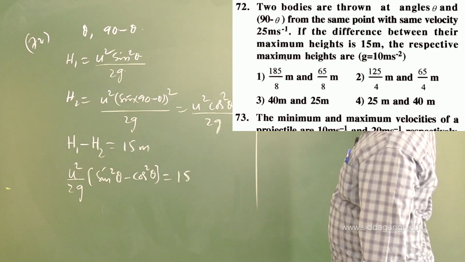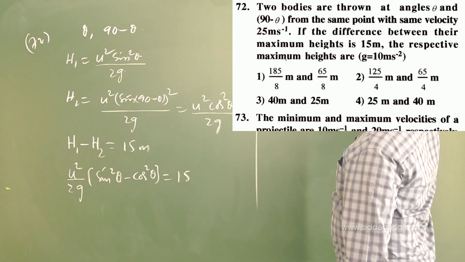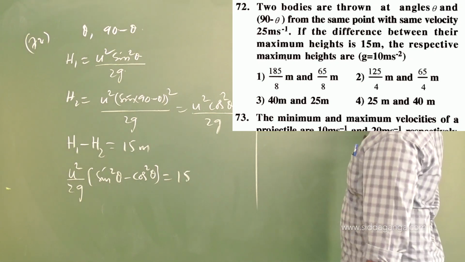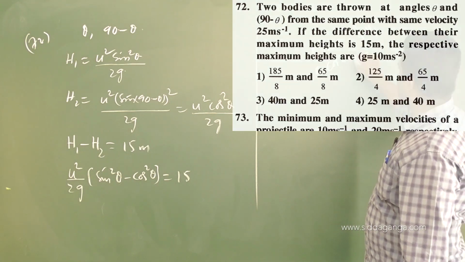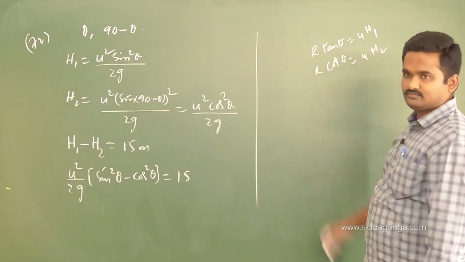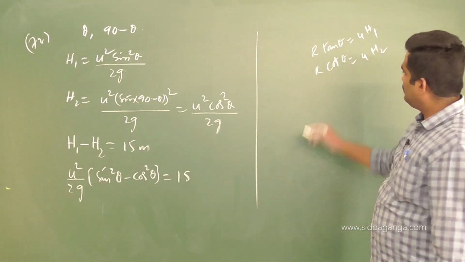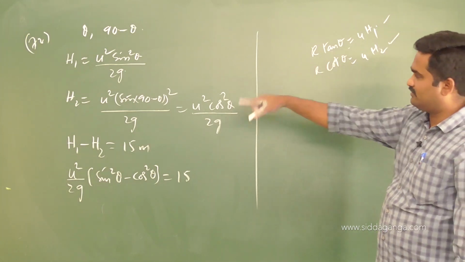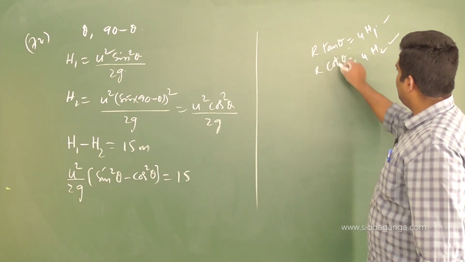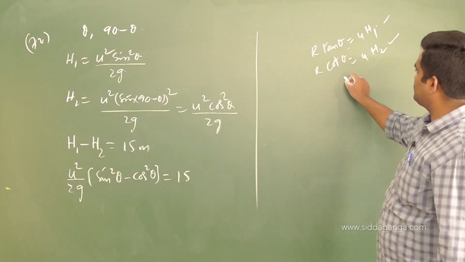See, one is R tan theta equals 4h1 first one. One more is R cot theta equals 4h2. So R tan theta is 4h1 and R cot theta, why? Because of tan 90 minus theta. Taking the ratio of this, what will you get?